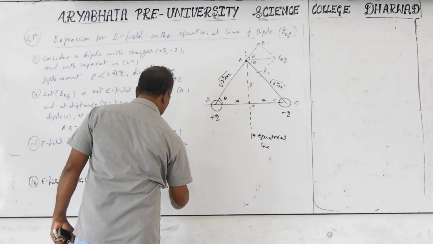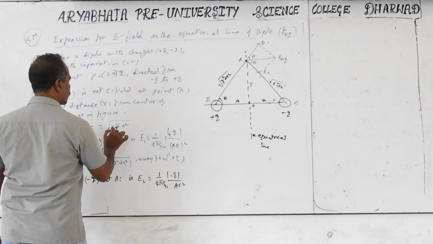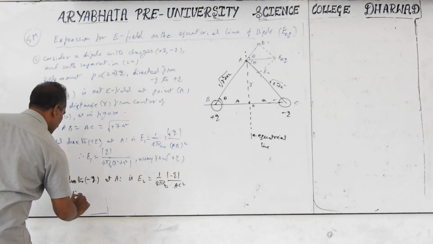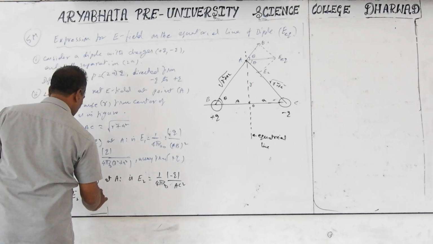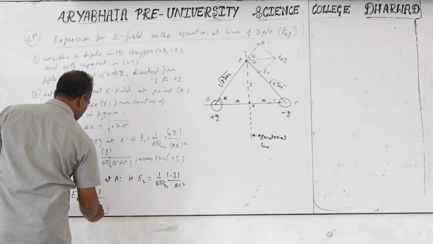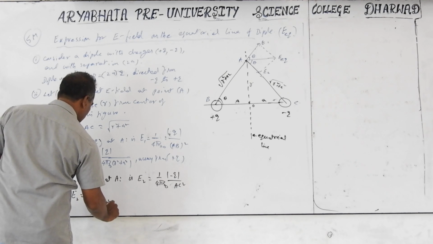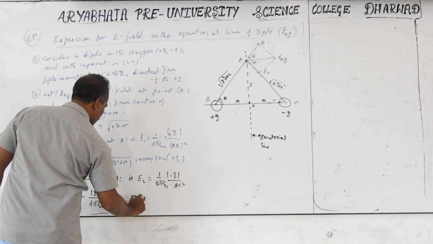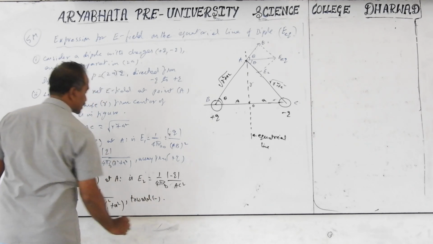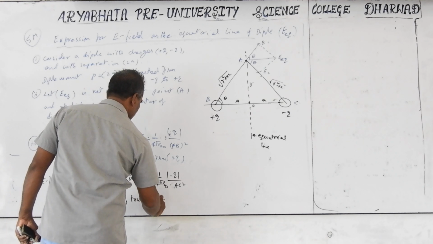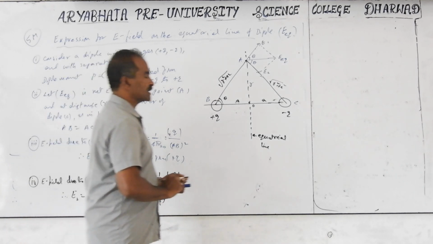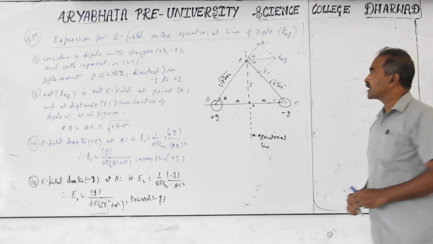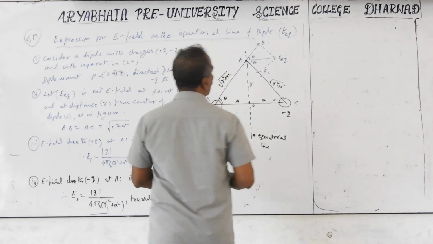Distance is AC square, but AC is again a root, squared, so the root is removed. Therefore E2 equals q by 4 pi epsilon naught into r square plus a square. Direction towards minus q. So in this case we have two fields E1 and E2, not in the same direction, not in the opposite direction. So we have to resolve these electric fields into components.